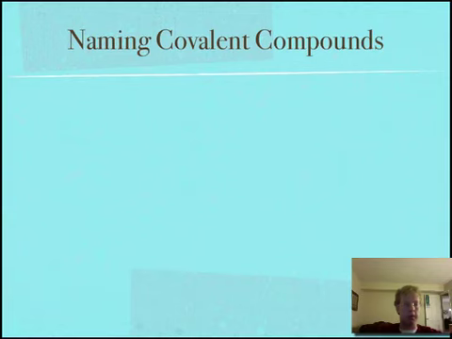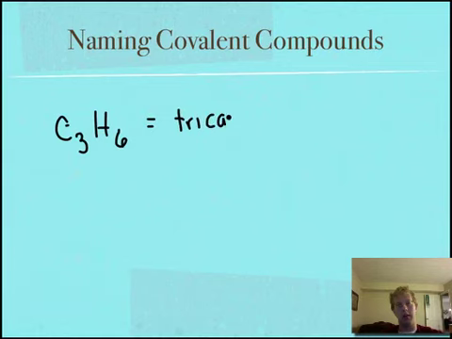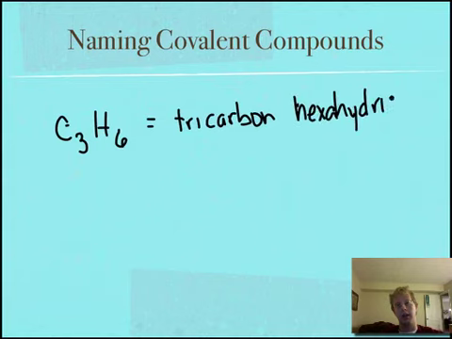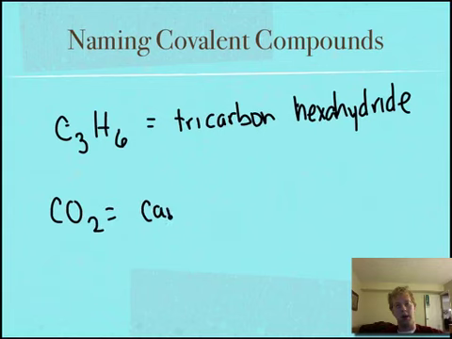So let's look at a couple of examples real quick. If I were to give you C3H6, this would be tricarbon hexahydride. CO2 is just carbon dioxide.